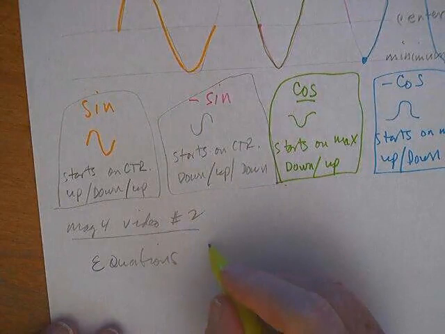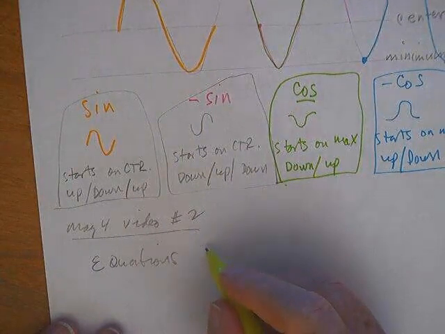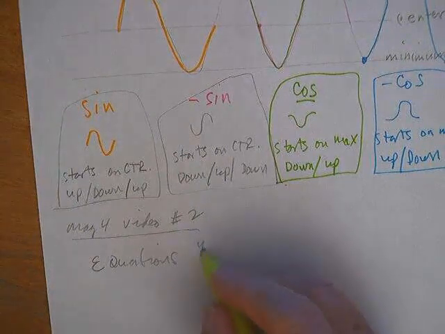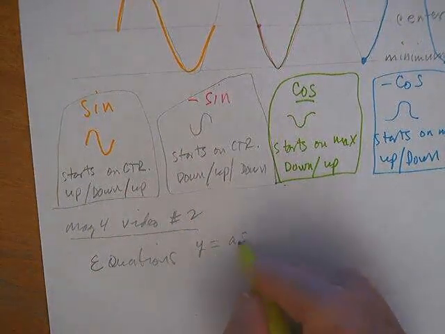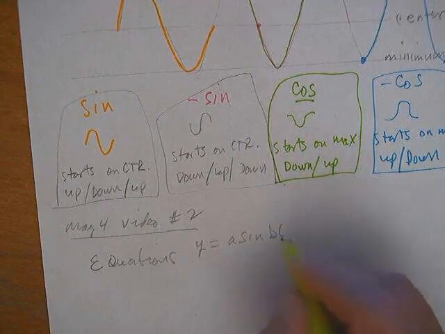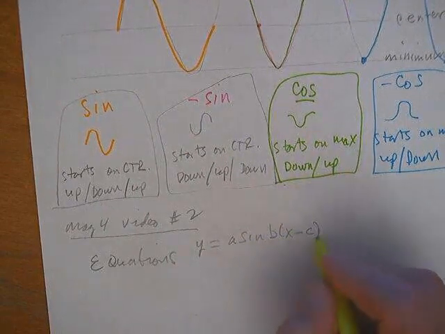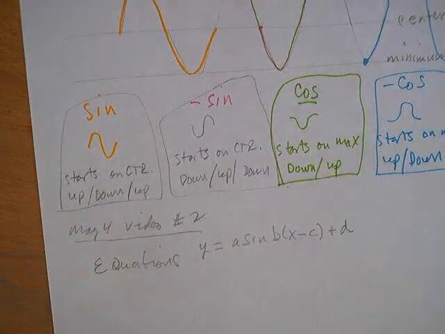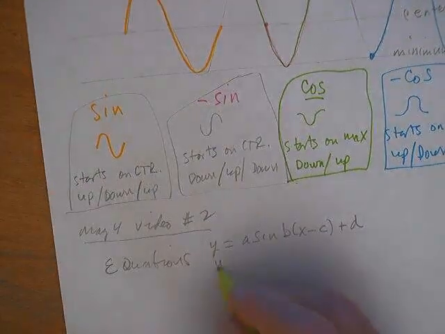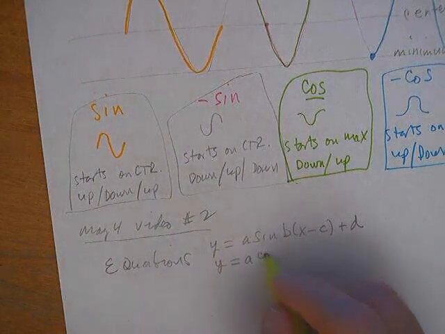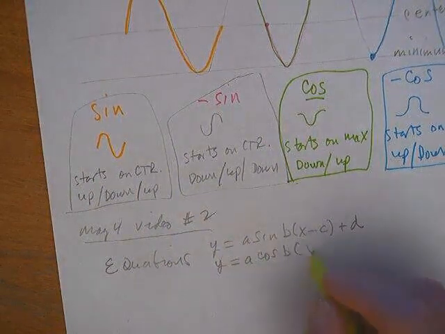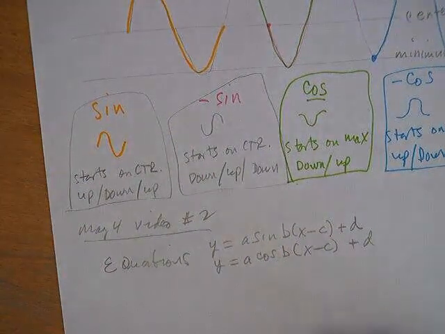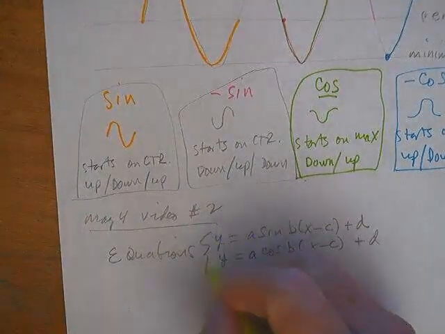Okay, so we've got the sine equation, A sine (Bx minus C) plus D. And the other one is we could just replace it with the cosine, and the cosine equation would look like that.